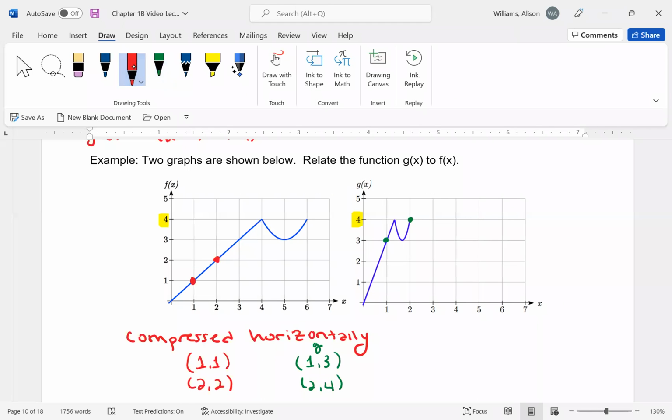So I see that where F equals 3, that happens at 3. So let me match that one up. 3, 3. When F equals 4, that happens at 4.